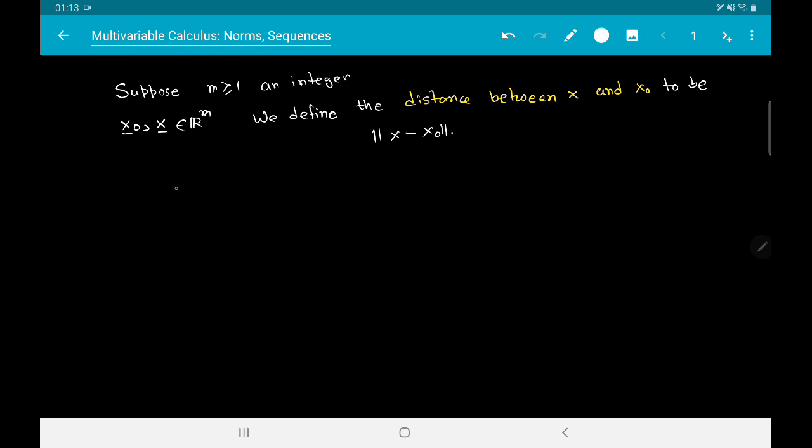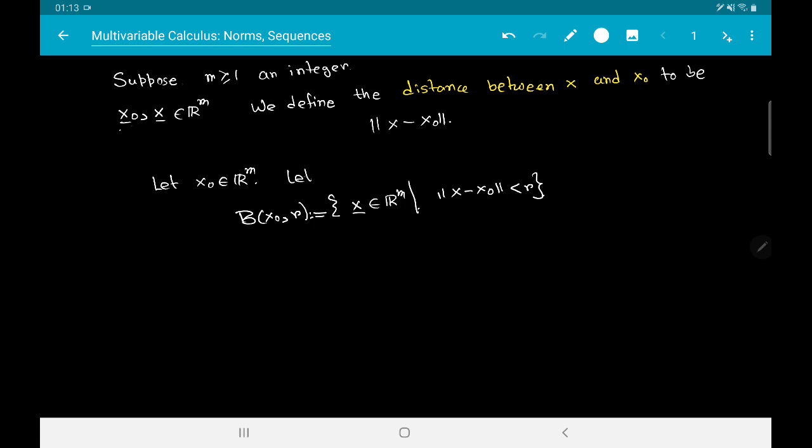That are in order. Suppose I have been given this point x0, so let x0 be a vector in Rm. Let B(x0, r) be the set of all the vectors x in Rm such that the norm of x minus x0 is less than r. So the distance between x and x0 is less than r.